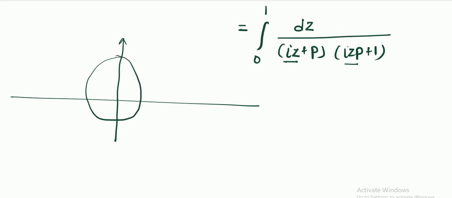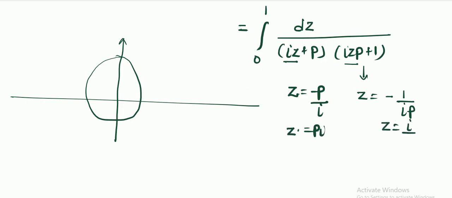On solving, what you will get is the first pole location is z equals minus p by I. Okay, the second pole location will be z equals minus 1 by I into p. So if you rationalize the I factor, that is the irrational factor, from the denominator, what you will get is z equals pi, and also z equals I by p. As it is given that p square is always less than 1, you can say that mod of pi is also less than 1, and the magnitude of I by p is greater than 1.